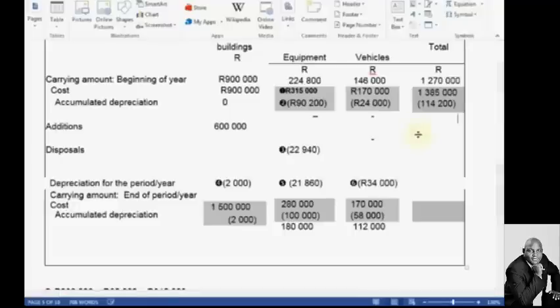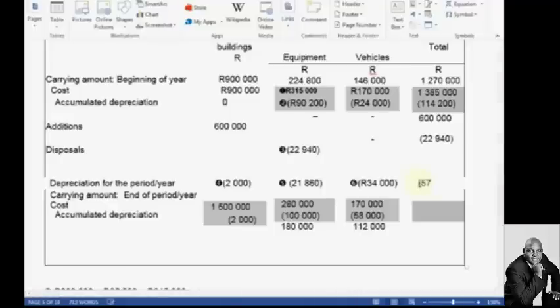And then I can just add the totals. Like here, it's 600,000. Come down here. It's the only 122 bracketed, 22,940. You come down here. You add all those.